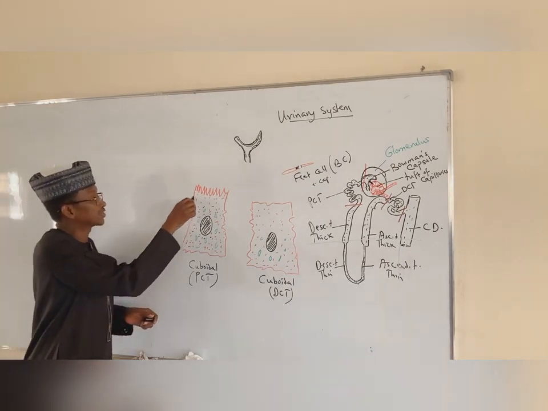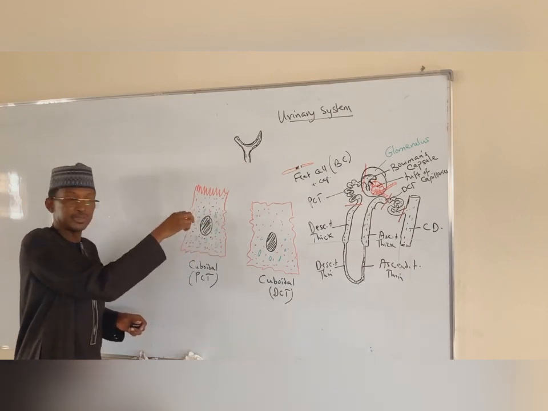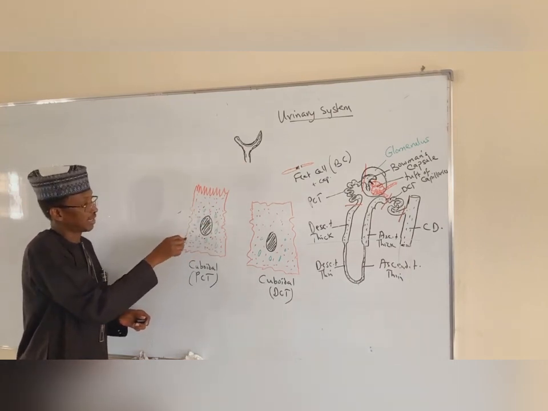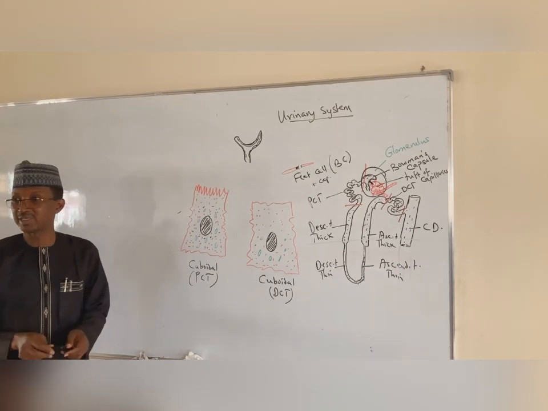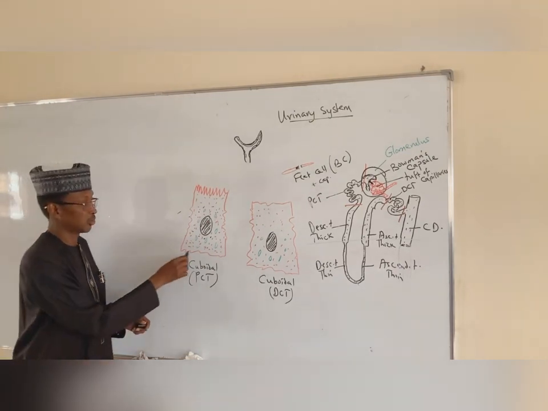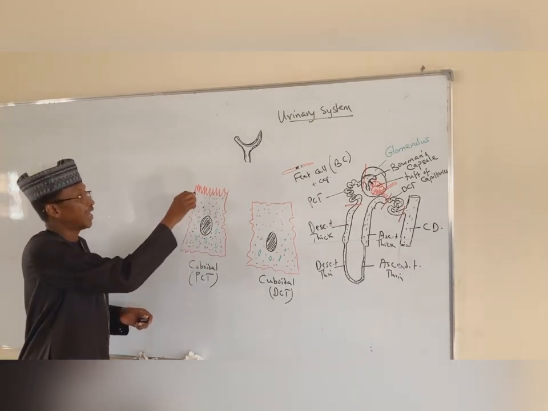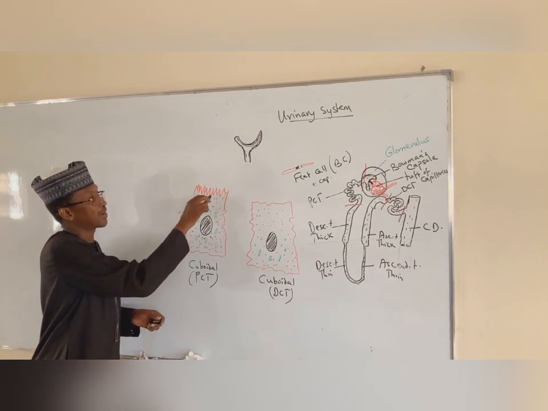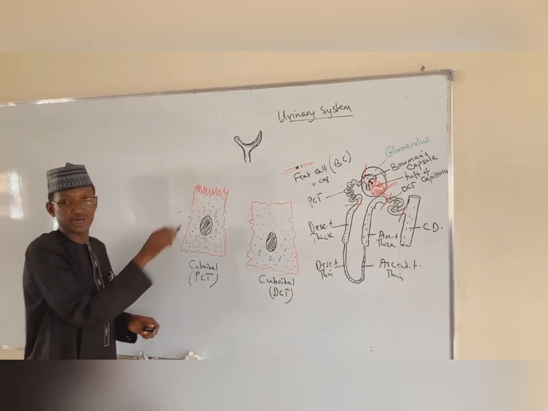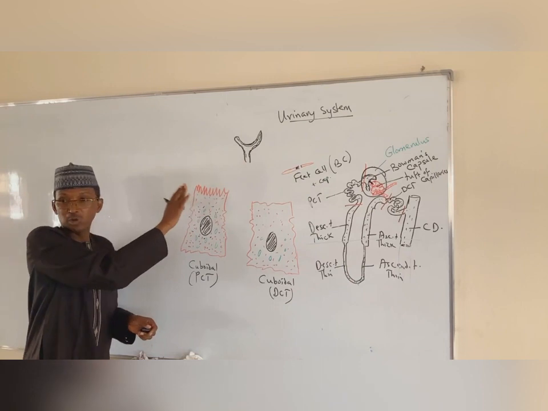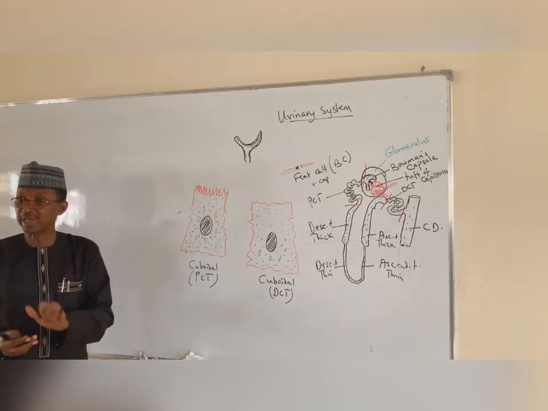And if you look at the side of each of these cells, it is a little bit serrated, toothed, including the base. And if you look at the top, the apex of each of these cuboidal cells has some microvilli, just like fingers.